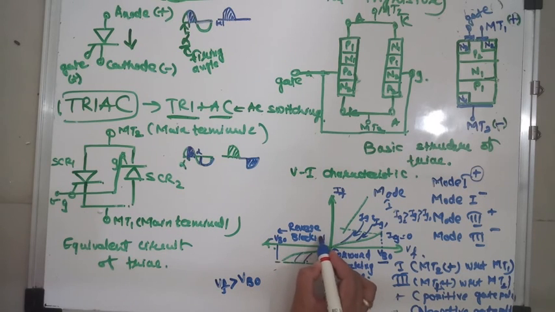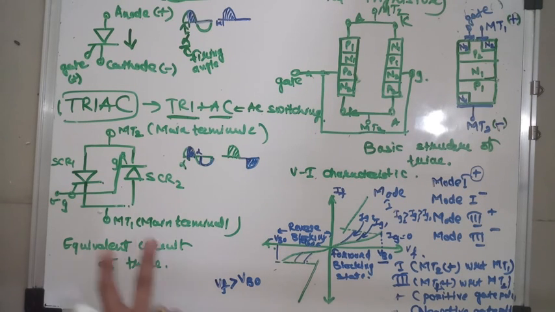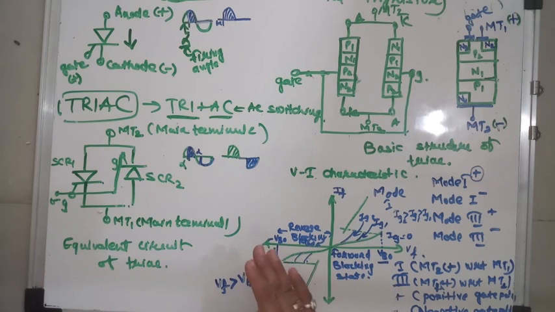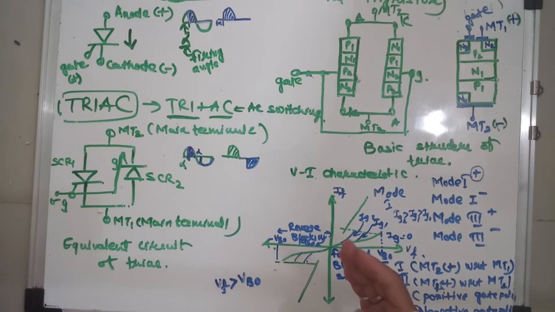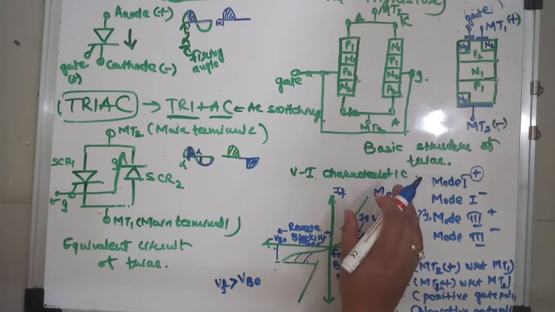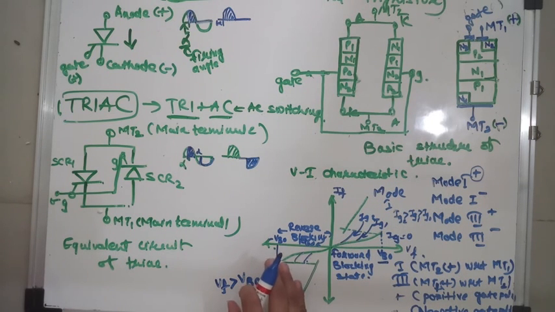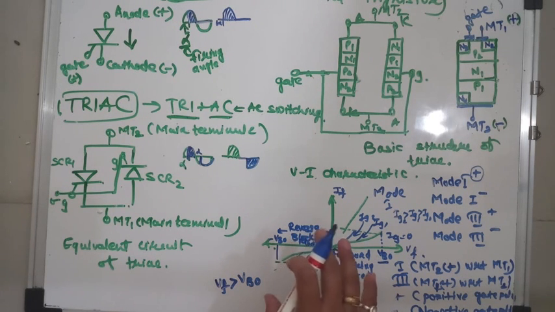So nothing new: triac characteristics are exactly similar to the SCR, but here two SCRs are connected in anti-parallel. When MT2 is positive with respect to MT1, the characteristic lies in the first quadrant, and when MT1 is positive with respect to MT2, the characteristics lie in the third quadrant. So this is the characteristics of the triac.